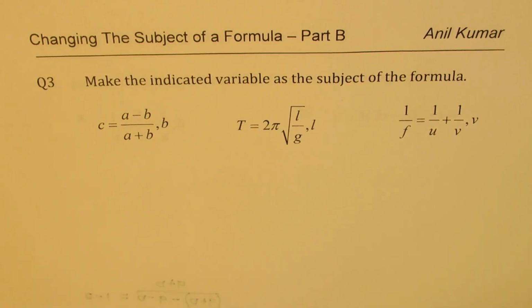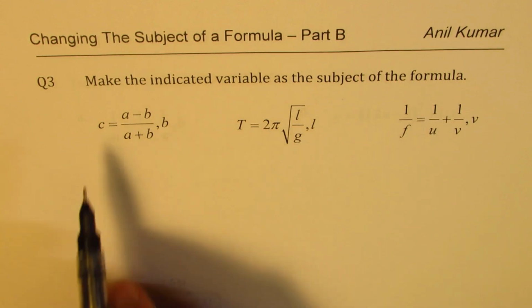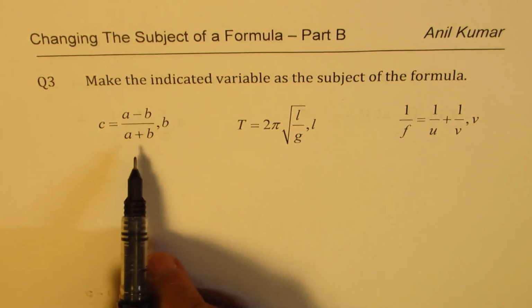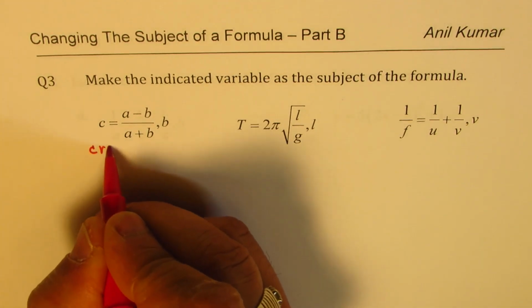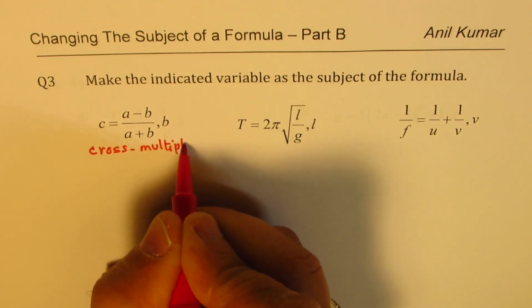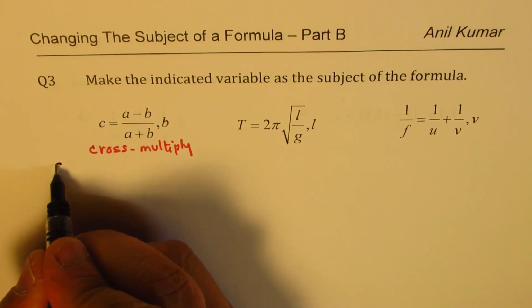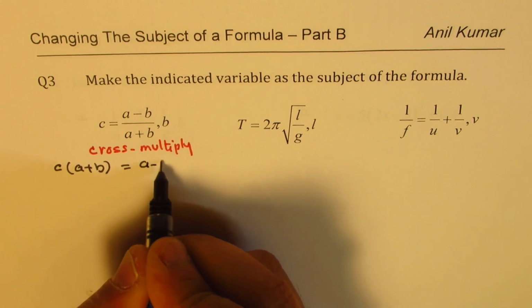Now these are slightly difficult as compared to what we saw in question number 1 and 2. Make the indicated variable the subject of the formula. c equals a minus b over a plus b. We need to isolate b. So in this case, the strategy is to cross multiply. Right, so when you cross multiply, you get c times a plus b equals a minus b, right?